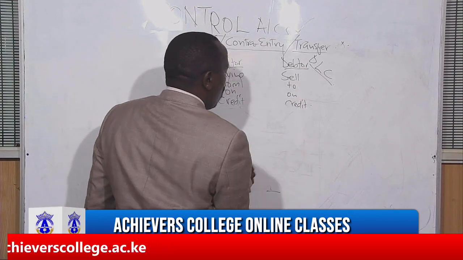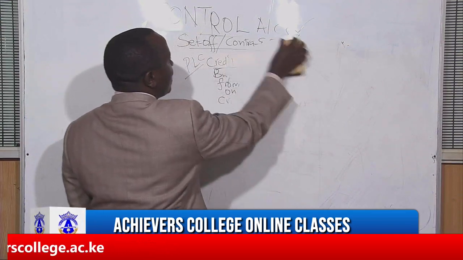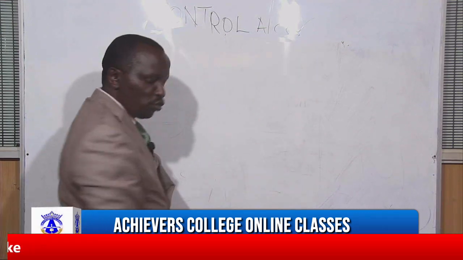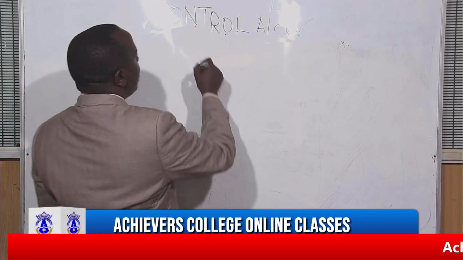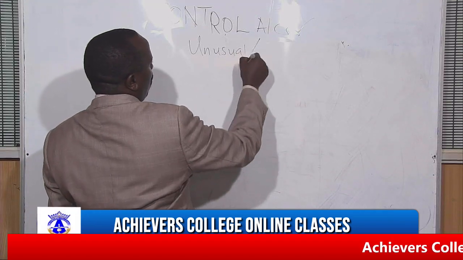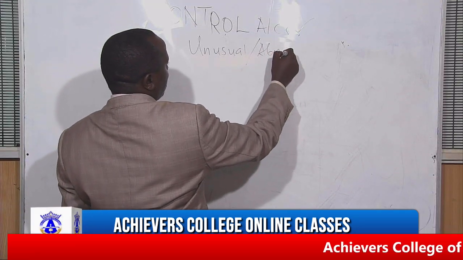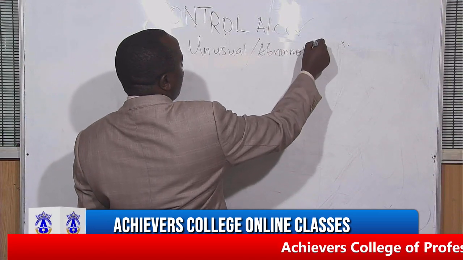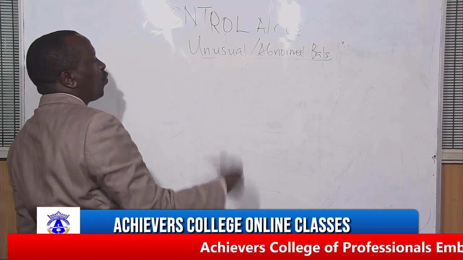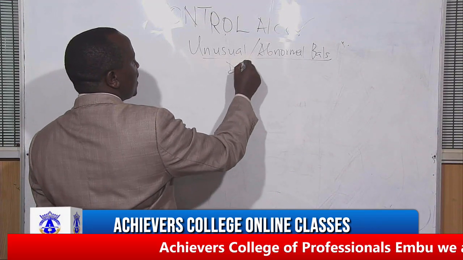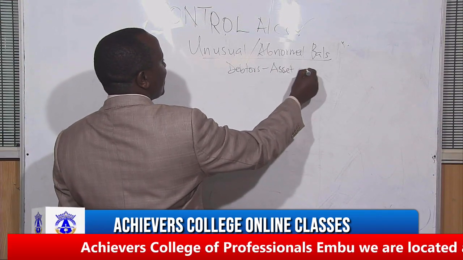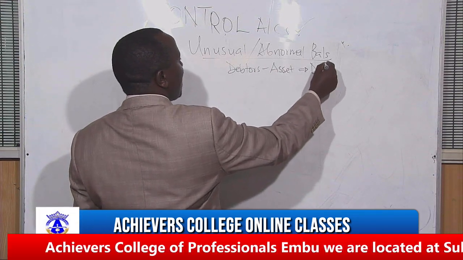Now, I also want you to understand something else. There is what we call unusual balances in control accounts. Unusual or abnormal balances. Debtors are an asset, and because debtors are an asset, they should always have a debit balance.